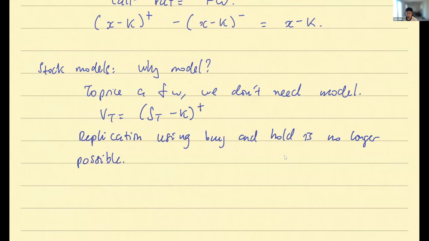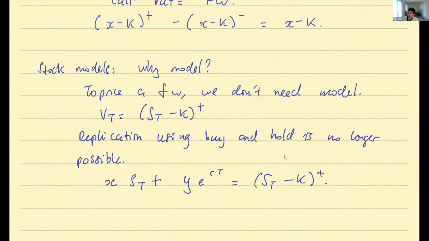In other words, suppose you have X shares of the stock and some Y amount in cash, and you try desperately to match this payoff. That's replication using stock and cash.